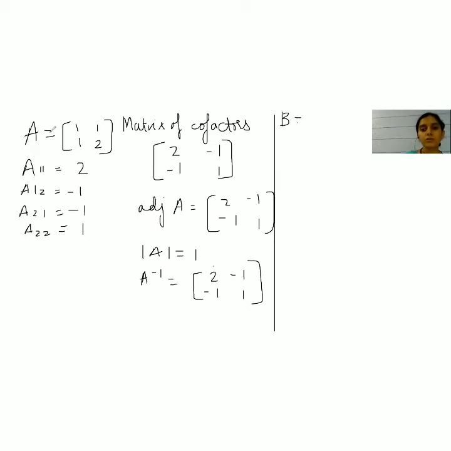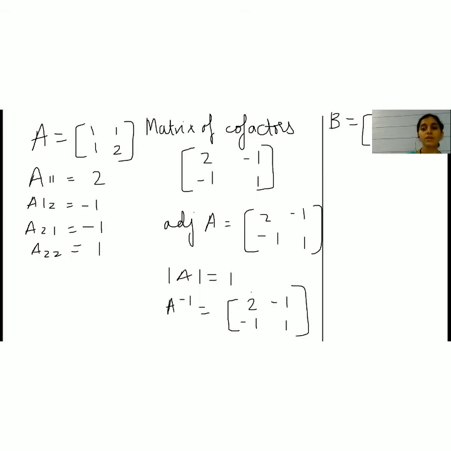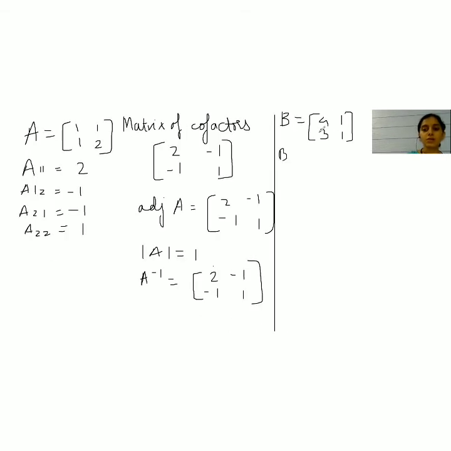So B is equal to 4, 1, 3, 1. Then B11, B12, B21 and B22. What is B11? It is 1. Then B12 is 3 but with a minus sign, B21 is with a minus sign, and B22 is 4.